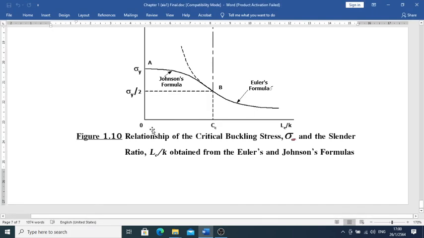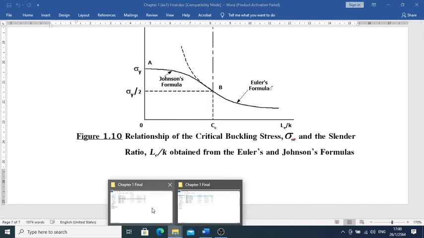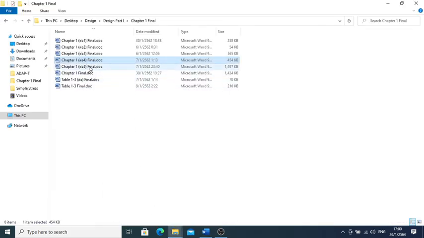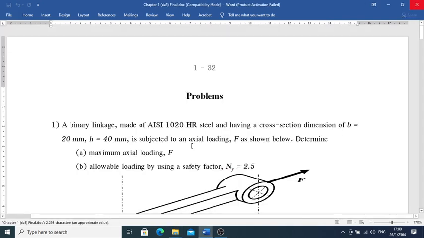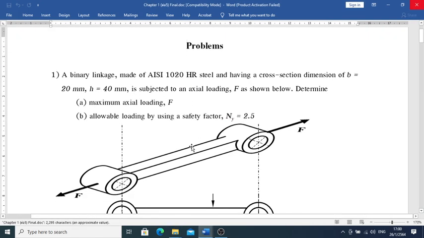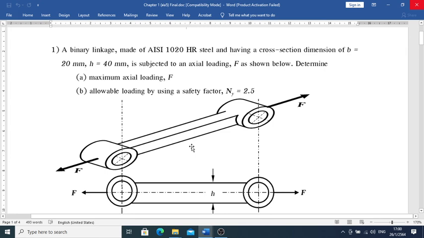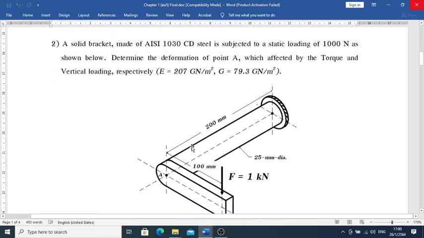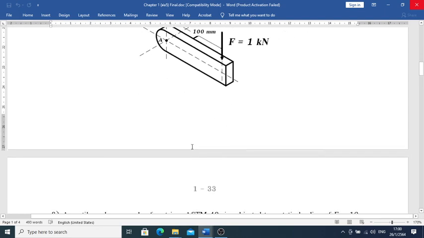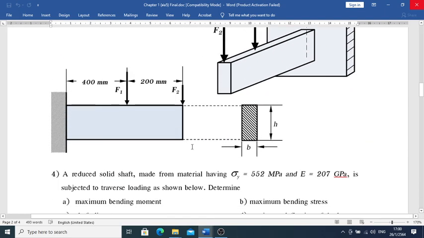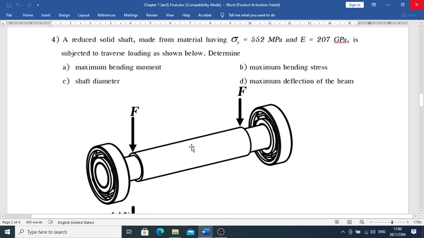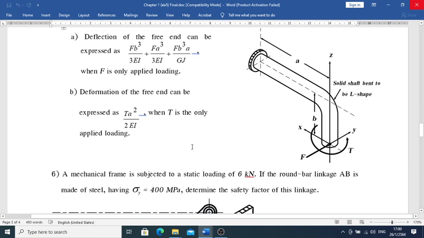Have a look at the problem set. Number one, you'd better practice by yourself; don't submit it to me. Number two, practice by yourself. Number three, practice by yourself. Number four, practice by yourself.